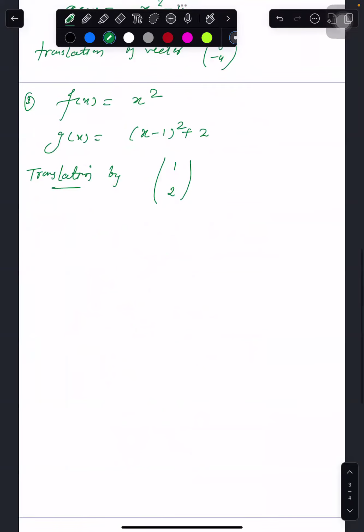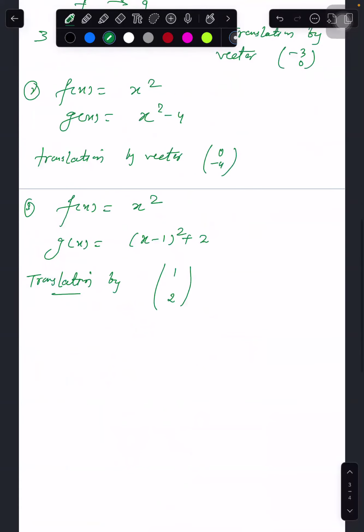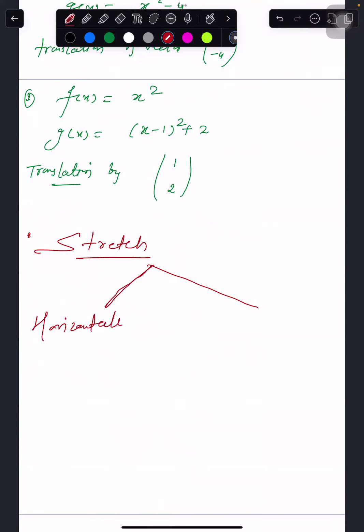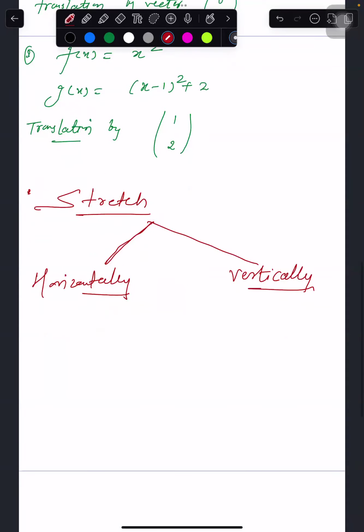The second one which we have is called stretch. Stretch you can do along the x-axis, that means horizontally, or along the y-axis, which means vertically. How do you recognize whether it is horizontal or vertical?